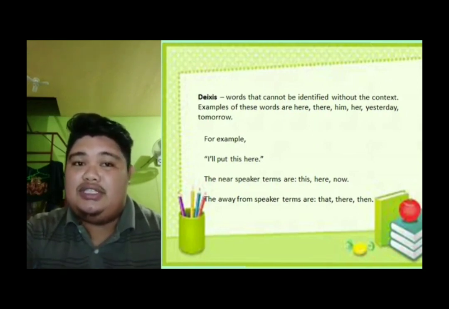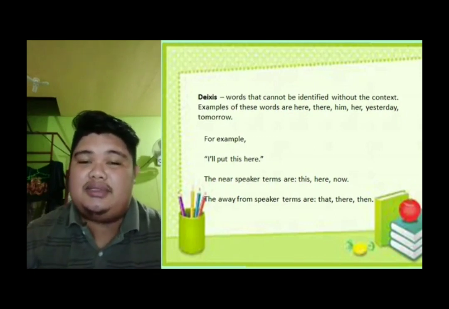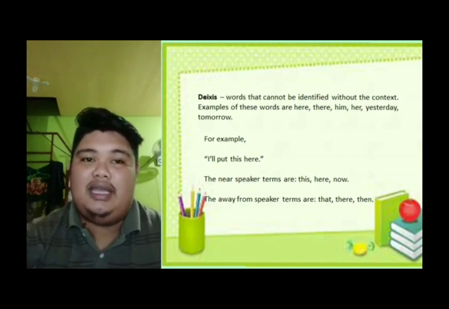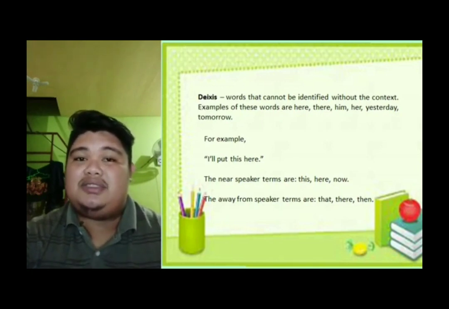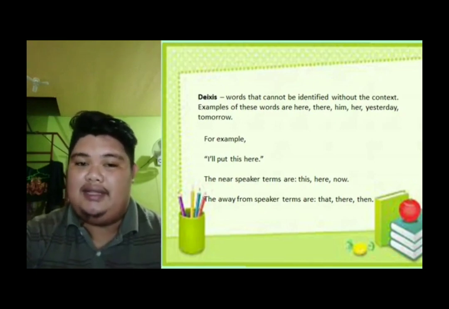So, in English, the near-speaker terms are this, here, or now. And for away from the speaker, the terms will be that, there, and then. So, for elaboration, this follows my discussion further.